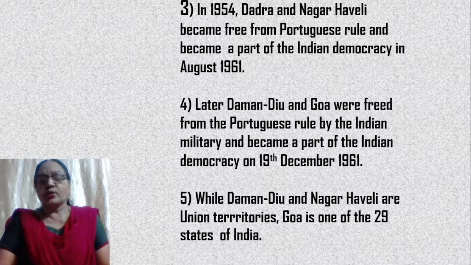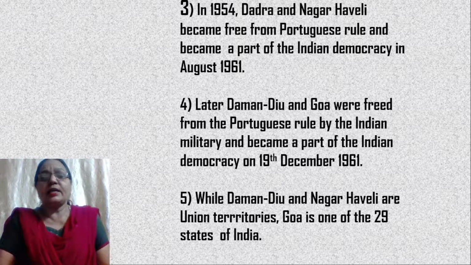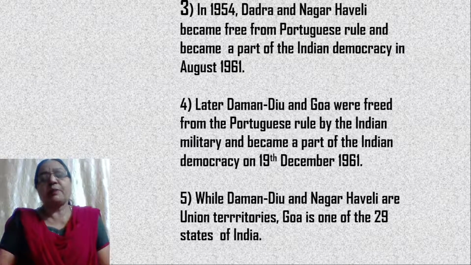So which were the union territories and states, children? We have Dadra, Nagar Haveli, Daman, Diu, Goa, etc., all parts of the Portuguese rule. Dadra and Nagar Haveli became free in 1954, but became a part of the Indian democracy only in August 1961.